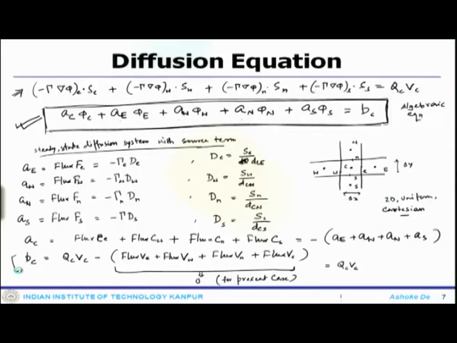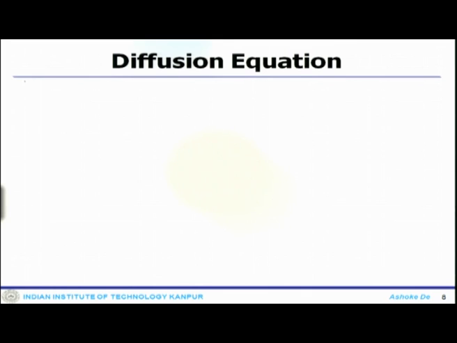So, if we write that equation in compact form, that will look like AC phi c plus summation of f, which will go over all the faces, AF phi f equals to BC, and what does AF stand for?